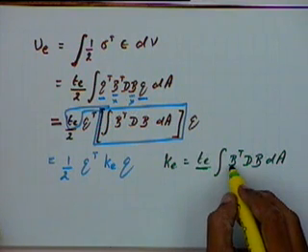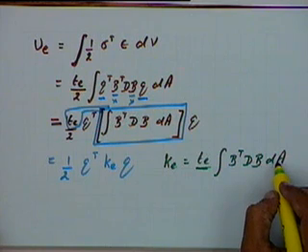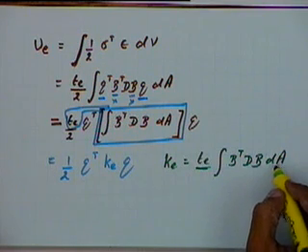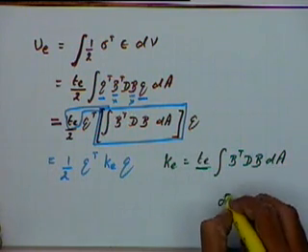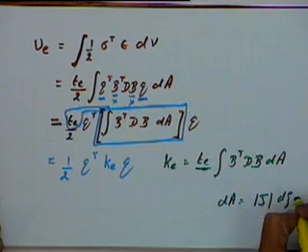Because B consists of terms of zeta and eta, and dA, the differential area, will also consist of terms of zeta and eta. In fact, we can show that dA will be equal to mod J multiplied by d zeta d eta.